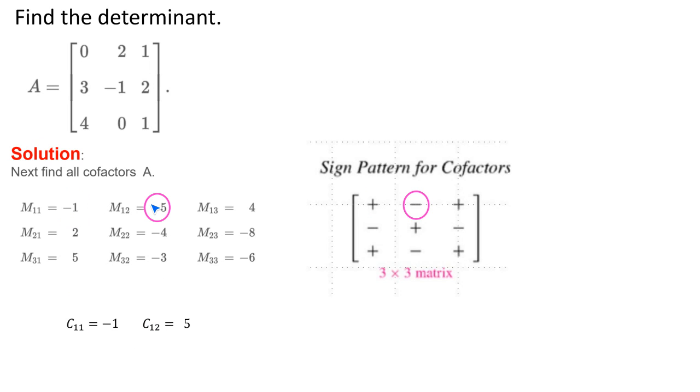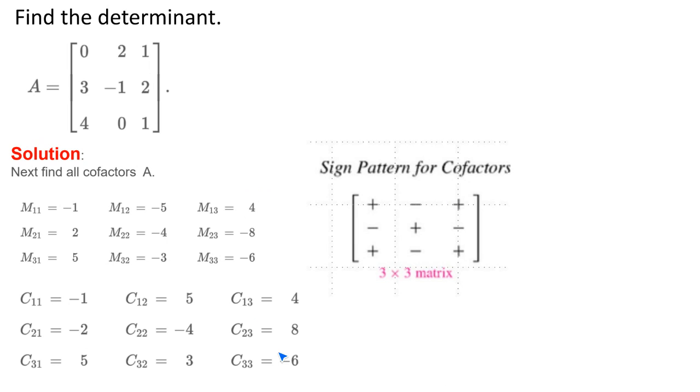Here we have a -5, and in the second column, we have a negative sign. So -5 times negative is going to be a +5. The first one was a -1 times a positive sign, that's why it stayed negative. For the next one, C13, we have a 4, and +4 times a positive will remain positive. Then we go to the next one. 2 times a negative sign will be a negative. And you keep going, do the same thing for the rest.